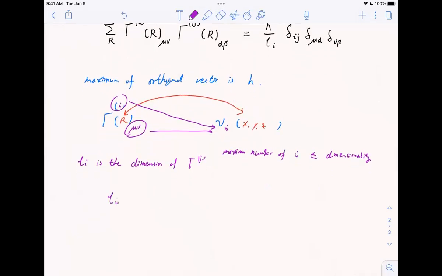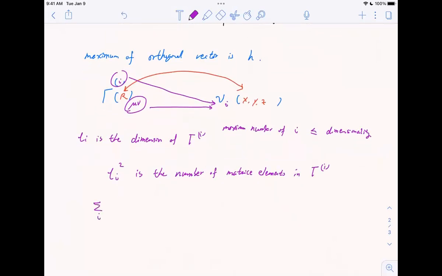Then you have Li square is the number of matrix elements in gamma I. So if you sum over all the irreducible representations, is the number of matrix elements in all of them.